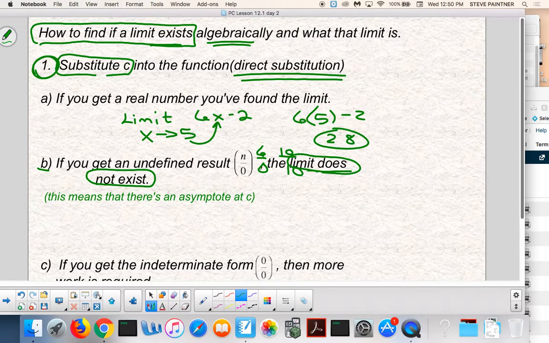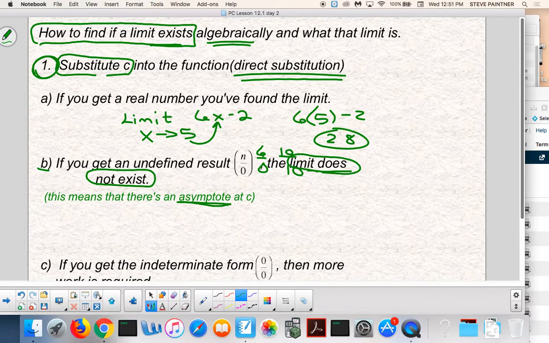You basically ran into a vertical asymptote, and the graph went this way up, and on the other side it went this way down, and you're not approaching the same number. Okay? So any number over 0, you just say that the limit doesn't exist.